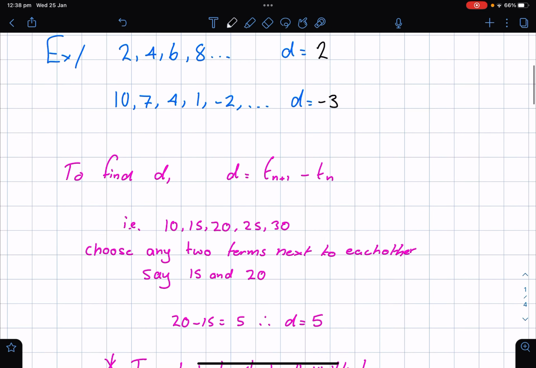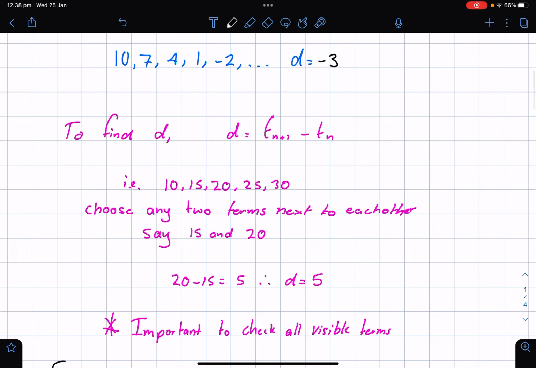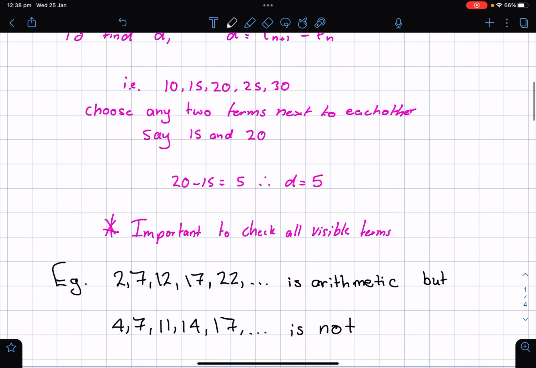That means our common difference is equal to 5. So D is 5. Now it is important to check all visible terms because sometimes they'll throw in something that is just slightly off, and that would mean our sequence is no longer an arithmetic sequence. So an example of this is we've got 2, 7, 12, 17 and 22.